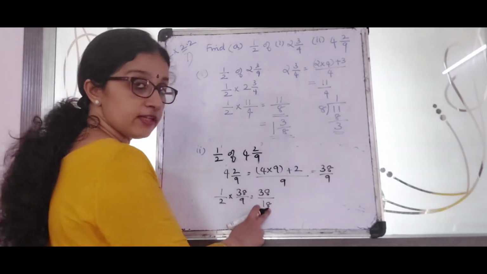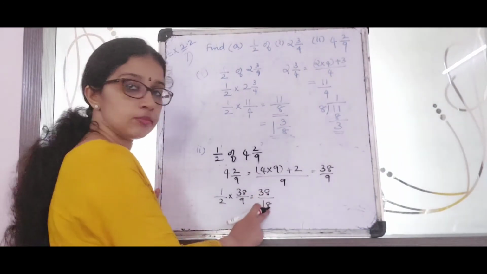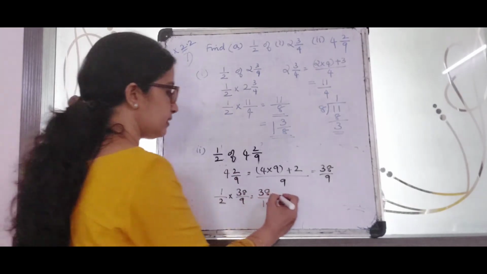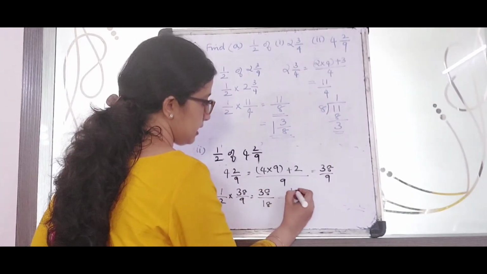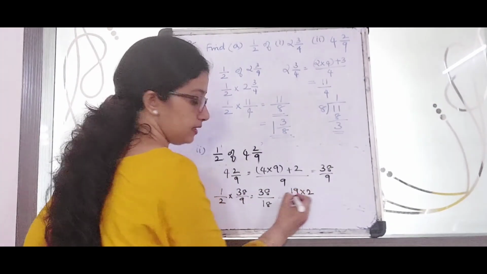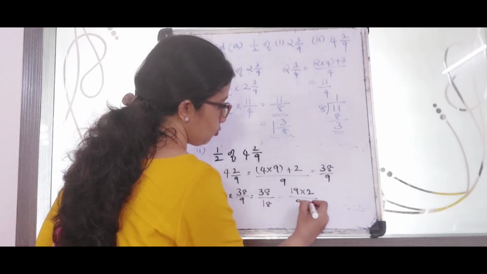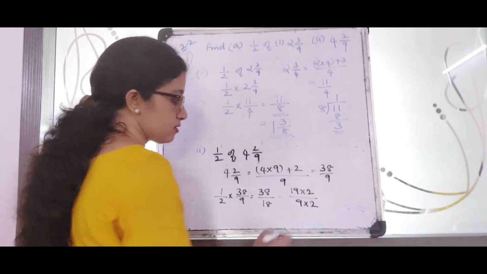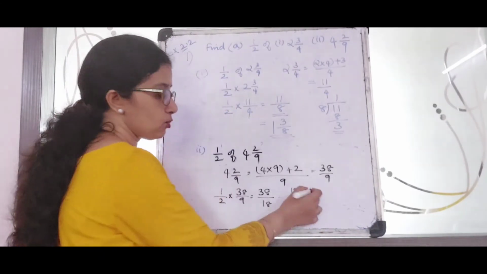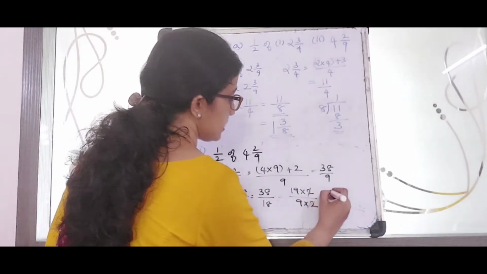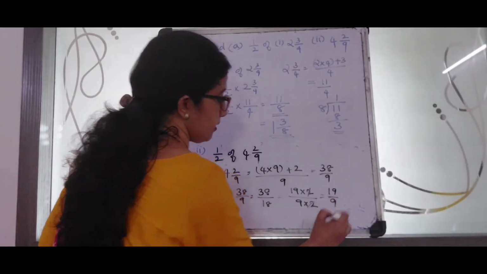Okay, now this can be further simplified, right? Both are divisible by 2. So how can we write it? 38 can be written as 19 into 2, right? And 18 can be written as 9 into 2. Correct? So this 2 gets cancelled and the answer is 19/9.